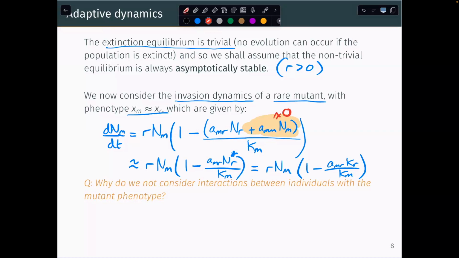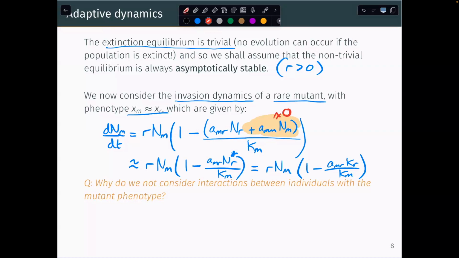Yep, NR star is the carrying capacity of our resident. Since NM is so small, NR must be about the same. Yeah. This only applies, as it's the invasion dynamics, when our mutant is very, very rare. NR is much, much larger than NM, and NR stays at NR star.